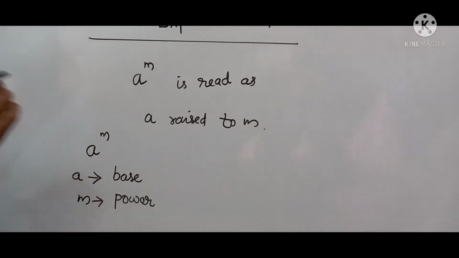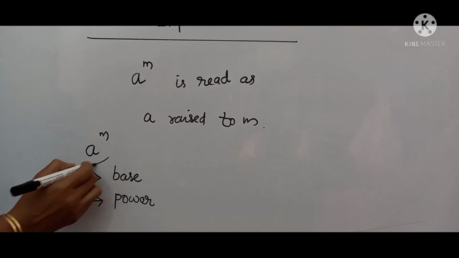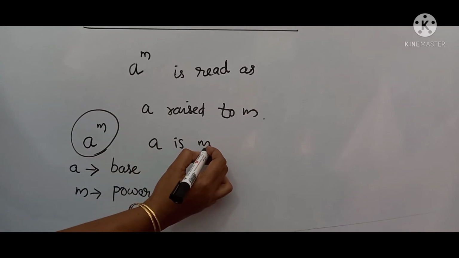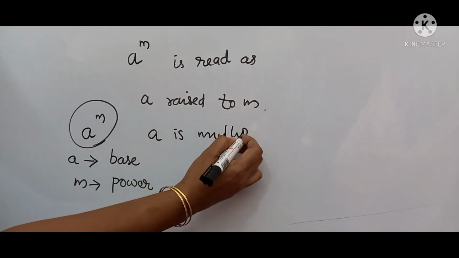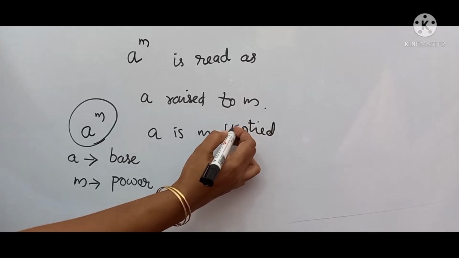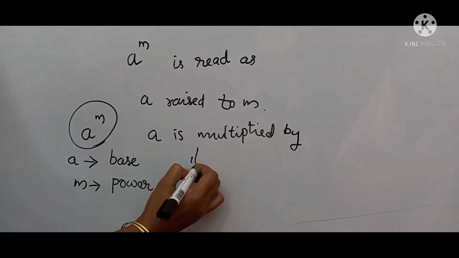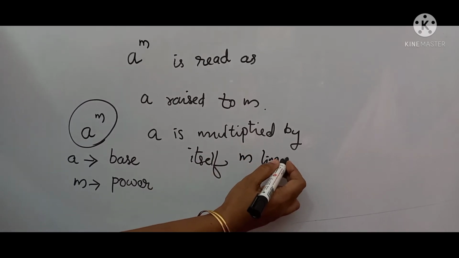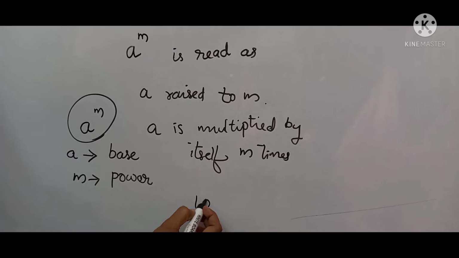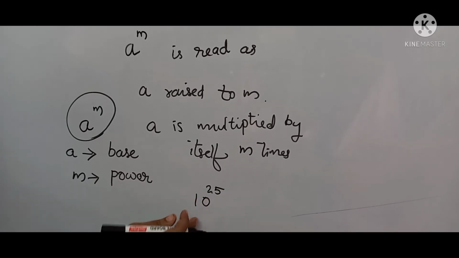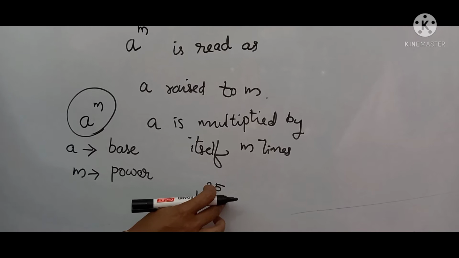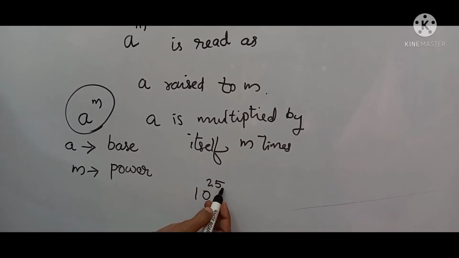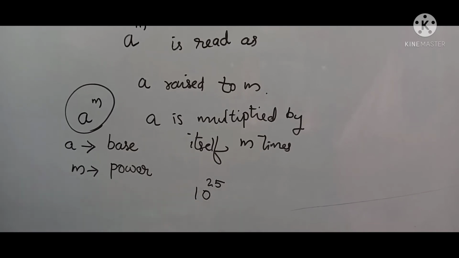And this a raised to m means a is multiplied by itself m times. If we are writing 10 raised to 25, it means 10 is multiplied by itself 25 times. Here 10 is the base and 25 is the power of 10.